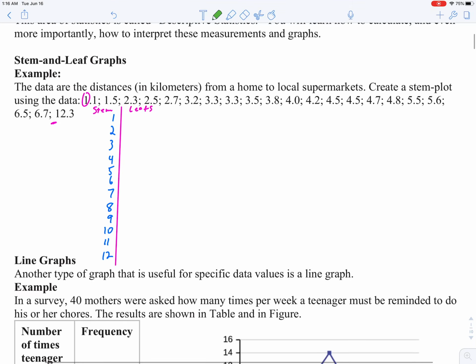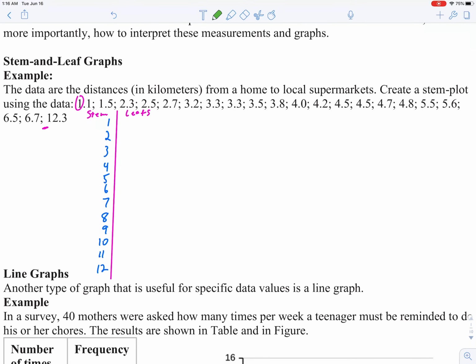There's a few little rules, and we'll go through them as we pick out the data. So for the stem of 1, we have 1.1 and 1.5. So the leaves will be 1 and 5, because the 1 is to the right of the decimal and the 5 is to the right of the decimal for a stem of 1.